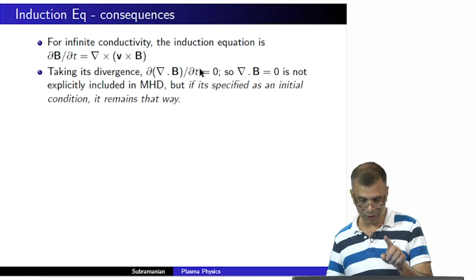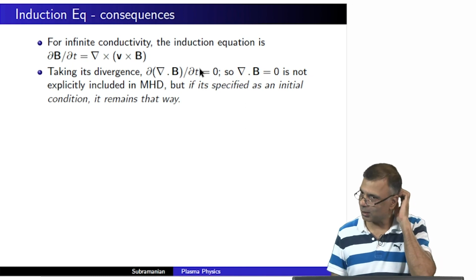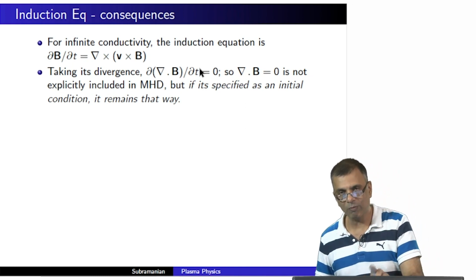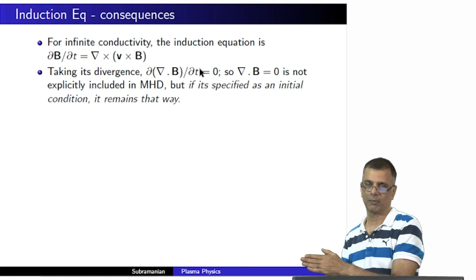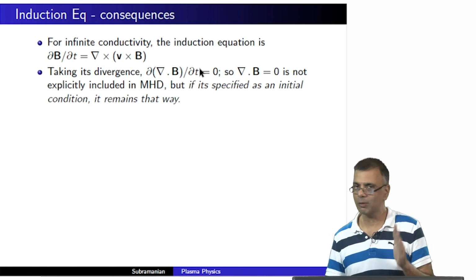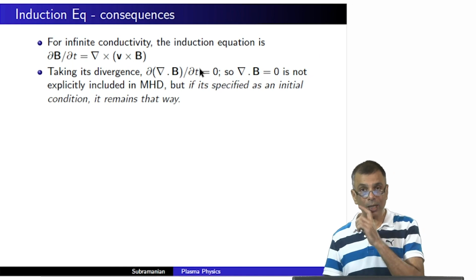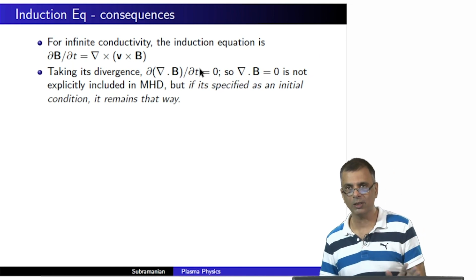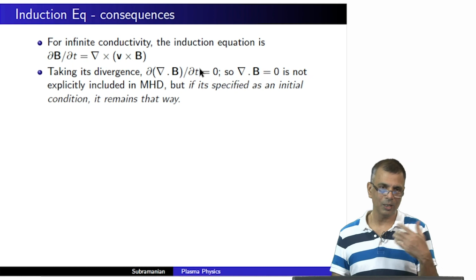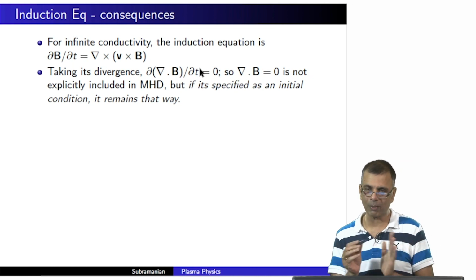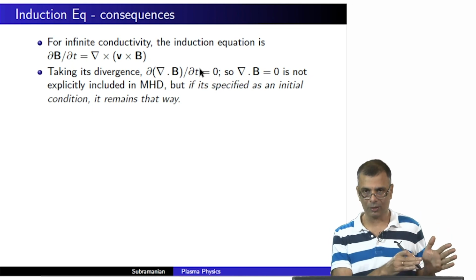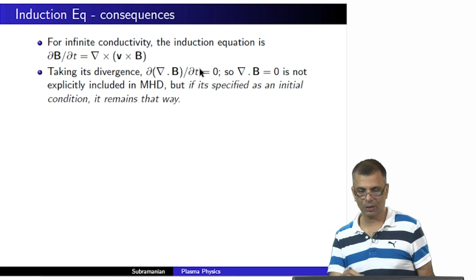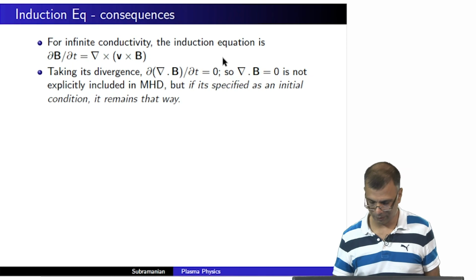But if it's specified as an initial condition, in other words, if divergence of B is 0 at the beginning of your simulation, it will remain that way. That condition will not change with time. On the other hand, if you had a non-zero divergence of B due to some reason, such as artificial resistivity or some problem in your simulation, then that will remain frozen as time progresses. That is what this equation is saying.